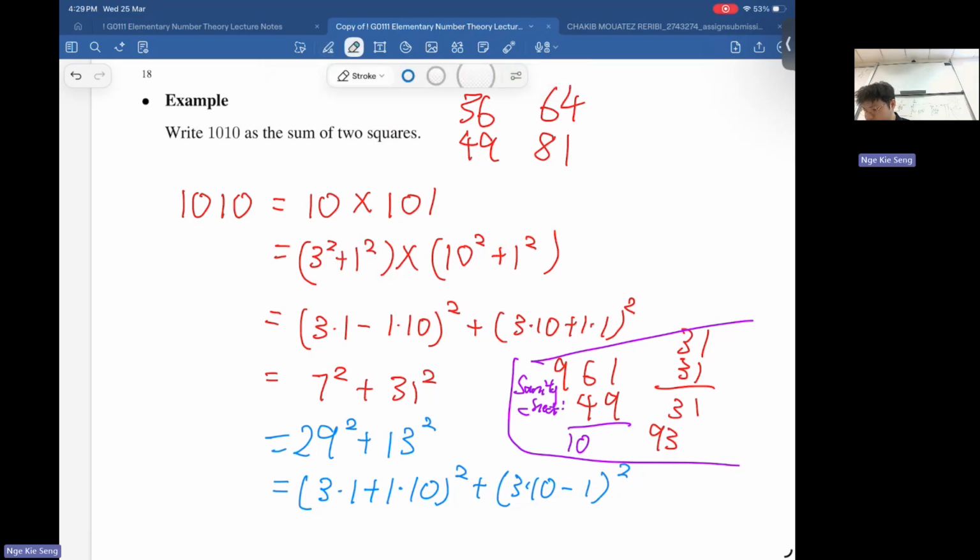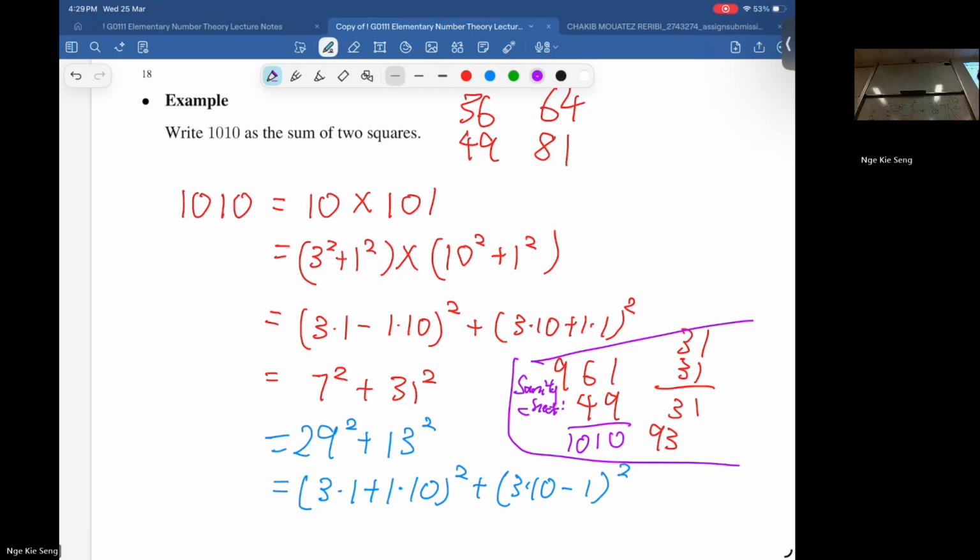It's very good that I saw some of you in your assignment really checking your answers. Sam asked whether these depend on how you split up 10,000, 1,010.